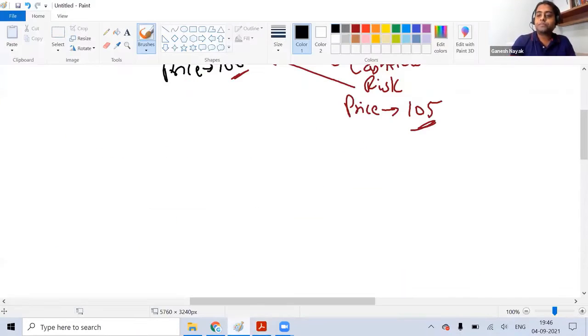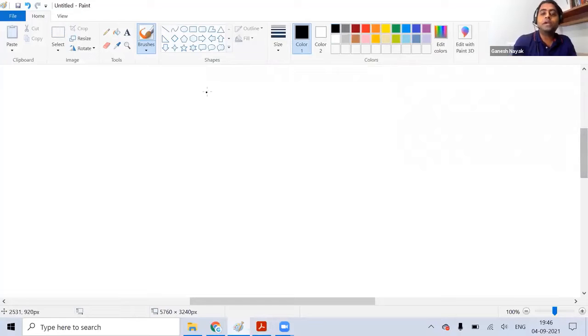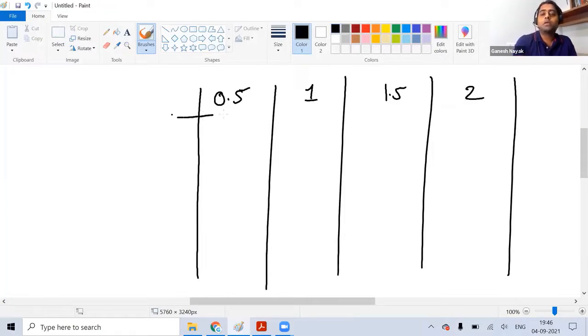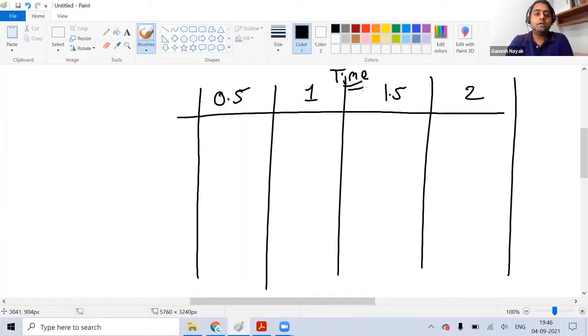So what we will do is first identify the time frames: 0.5, 1, 1.5 and 2. These are the time frames. I'm just writing it over here. And what all bonds do we have?